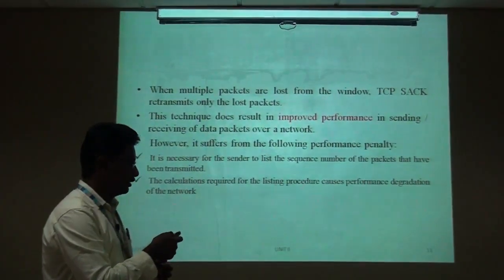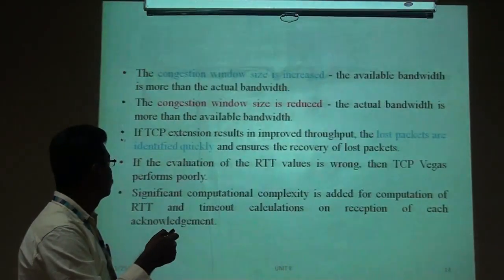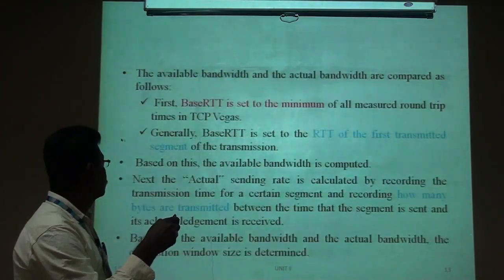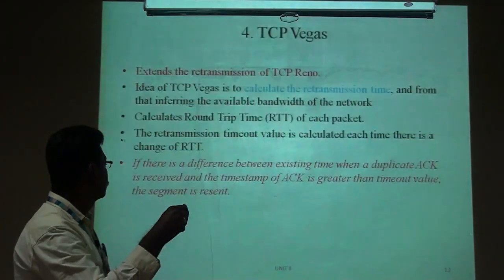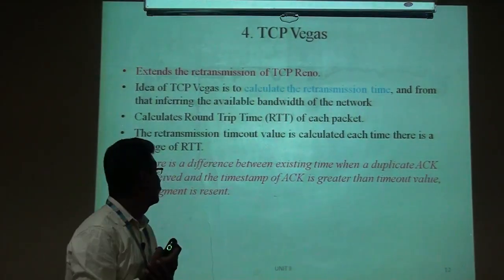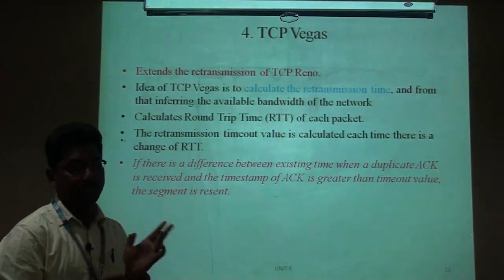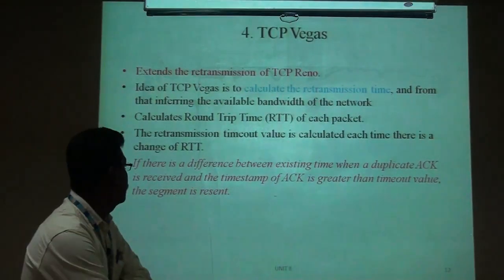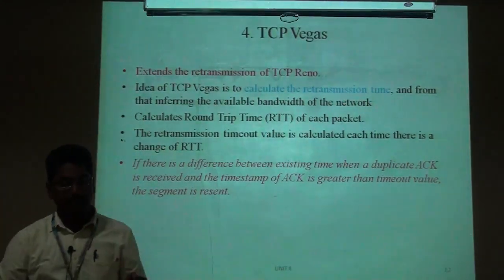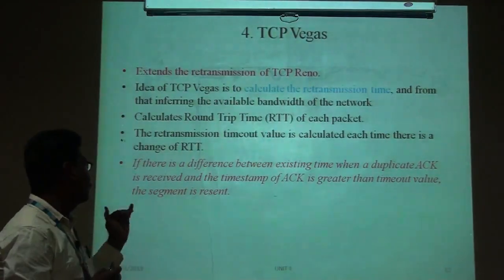And the last one is TCP Vegas, which is the extension of TCP Reno, our second approach. In TCP Vegas, we calculate the retransmission time by using the round trip time.